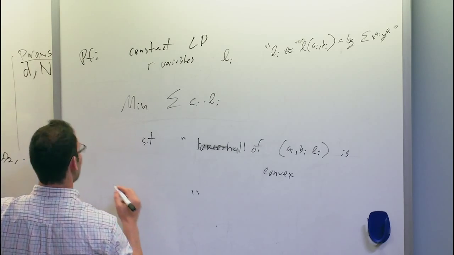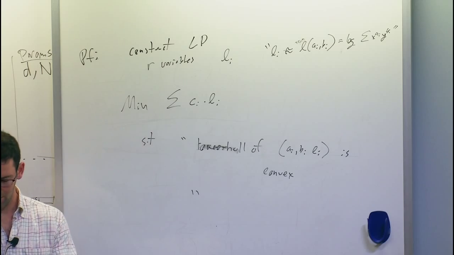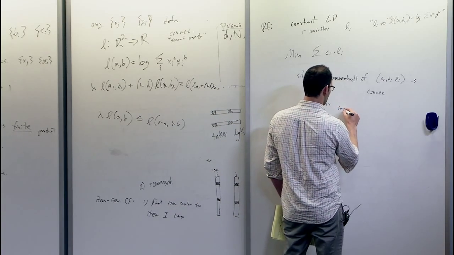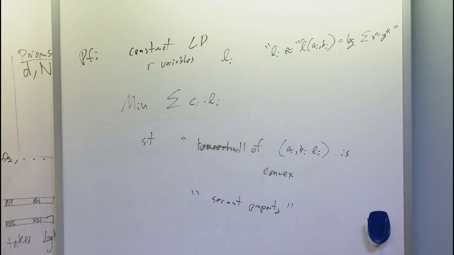And then our second constraint, namely, any secant to this lower hull that goes towards the origin must pass through or above the origin.